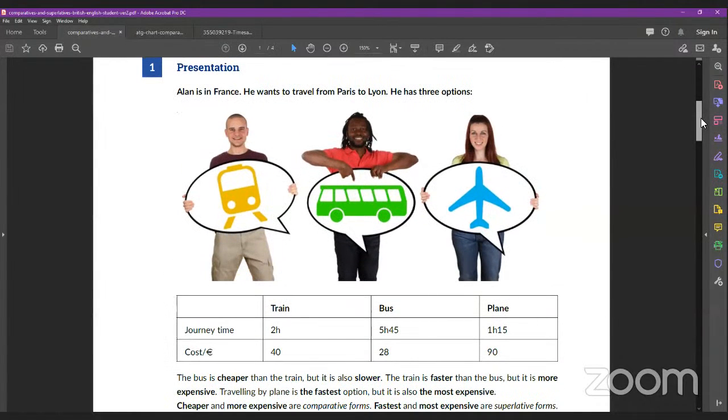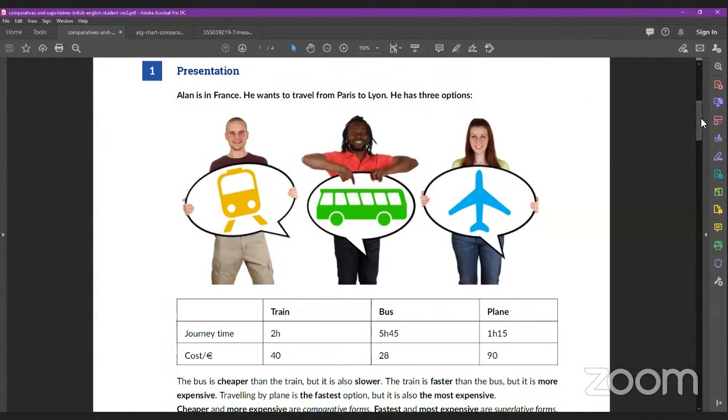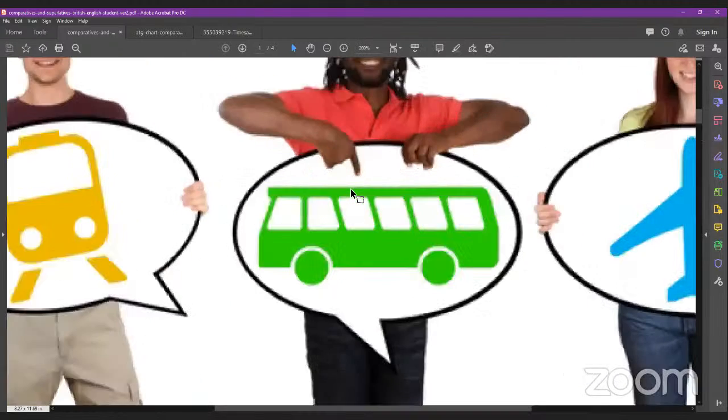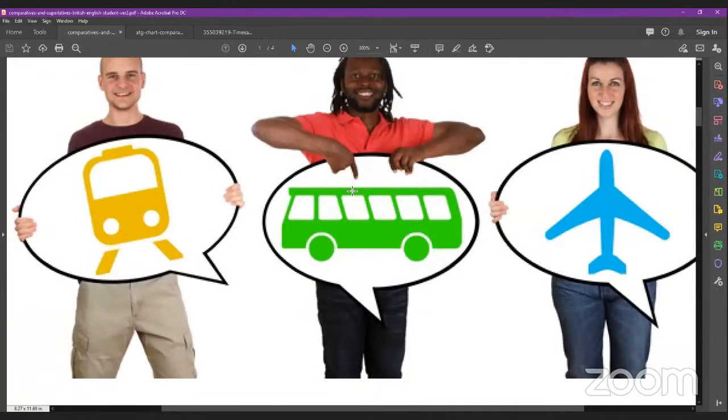Well, guys, in activity number one, presentation, we are going to talk about means of transportation. As you can see, we have three people holding the means of transportation: train, bus, airplane.